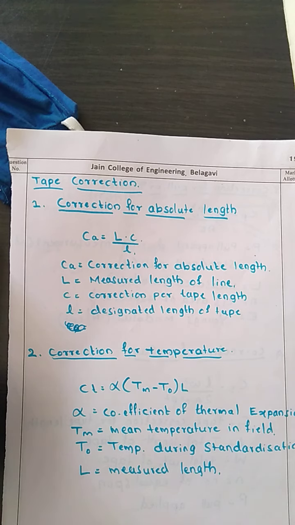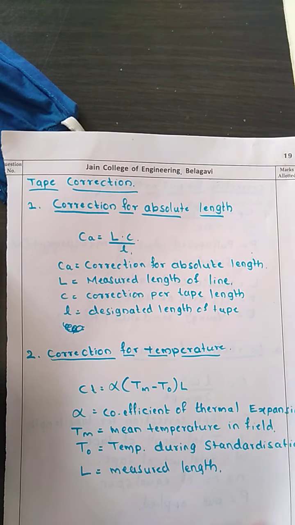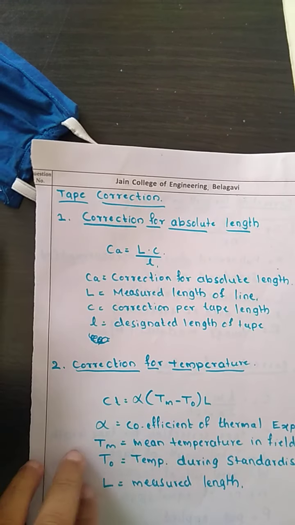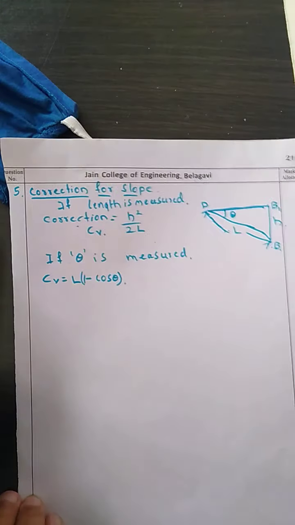Then T naught is the temperature during the standardization of the tape, and L is the measured length. All these values will be given to you. You need to just apply the corrections. You need to remember these formulas.